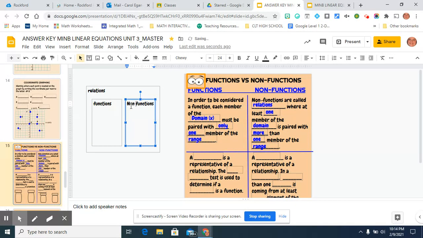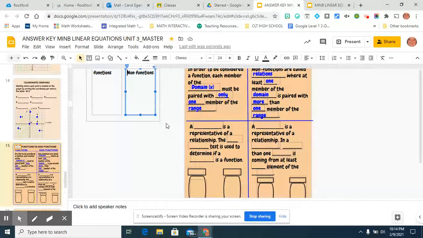The difference is that in functions, each member of the domain will be paired with only one member of the range, and non-functions will have one member of the domain paired with more than one member of the range. But overall, they're all relations.